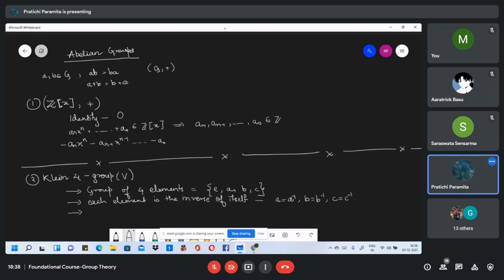Also, if I perform the group operation on any two non-identity elements, I'll get the third non-identity element. That means ab is equal to c, bc is equal to a, and ac is equal to b. You can actually check that it is an abelian group. It's very easy, so I'll leave it to you.